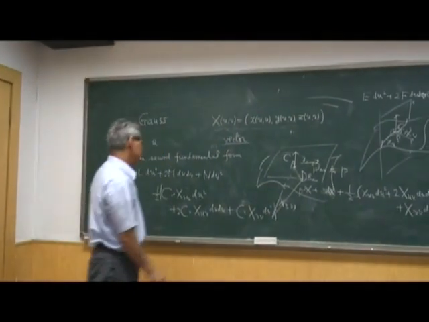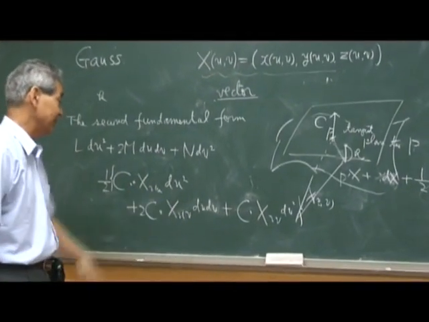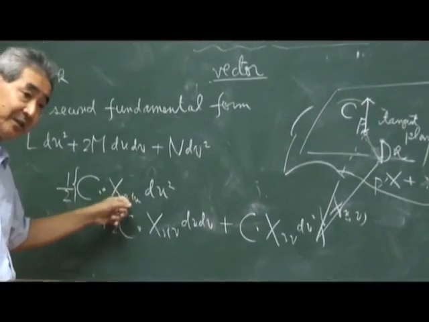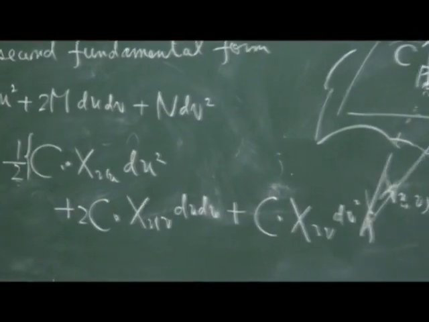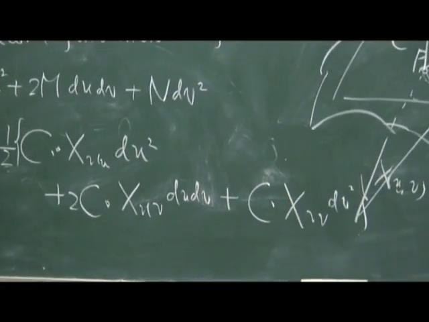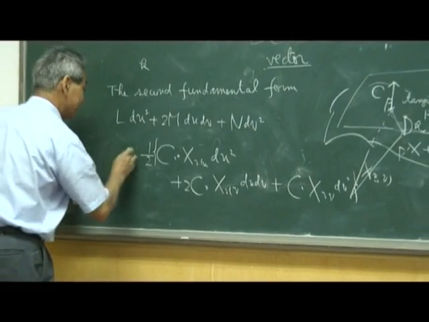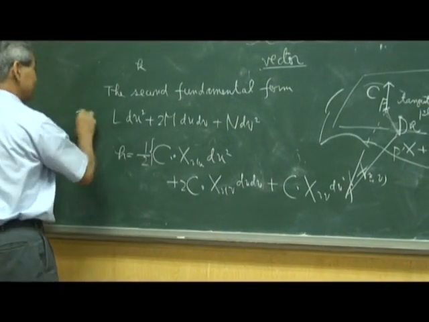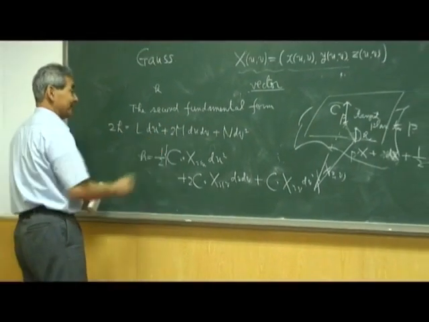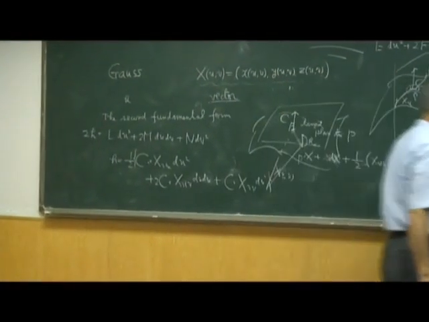Okay. Please note that C can be written using the x u and x v, and this comes in the second derivative. So the second fundamental form is, this is the h actually, and 2h is sort of the second fundamental form of Gauss.